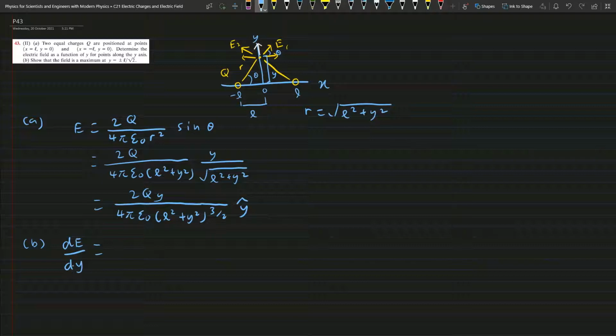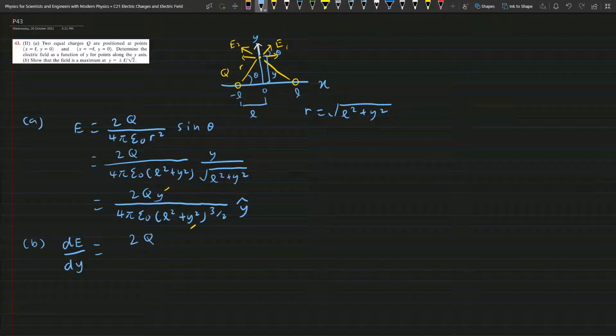And clearly we differentiate with respect to y because we want to find the point along the y-axis that gives us the maximum electric field. Here you can see we have one y here and one y here. That means we have to use the product rule.